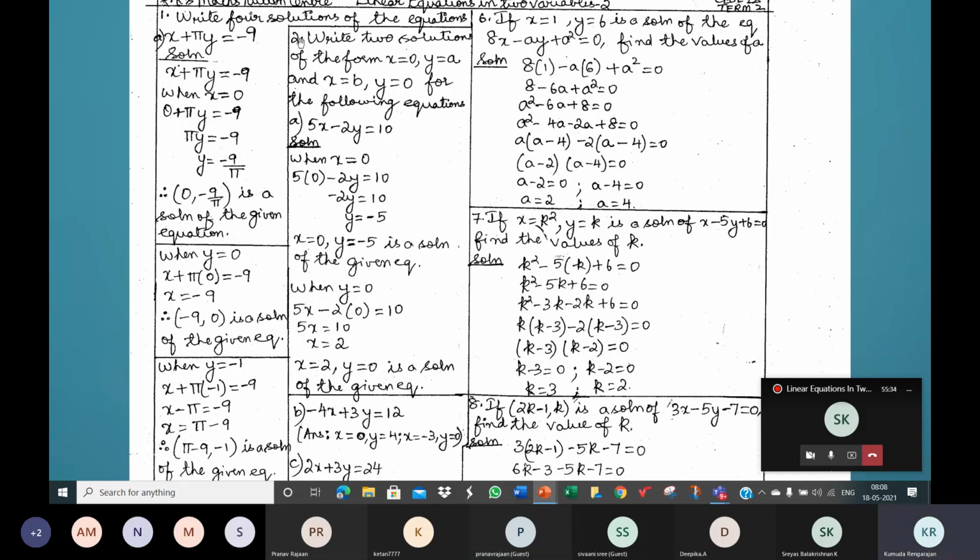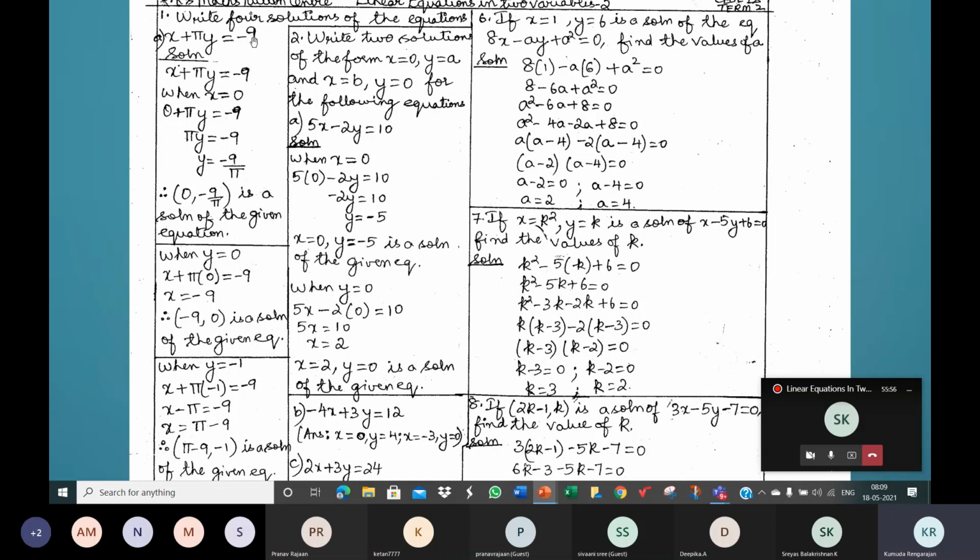This is a linear equation in 2 variables x and y. Graphically, it is a straight line in the Cartesian plane, so there are so many points lying on that straight line. Every point on that straight line is a solution to this equation.